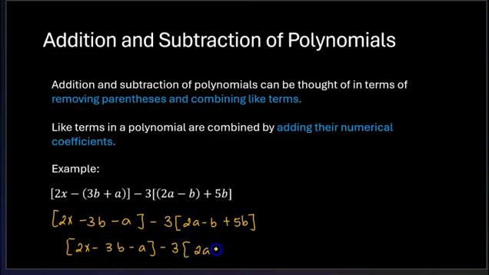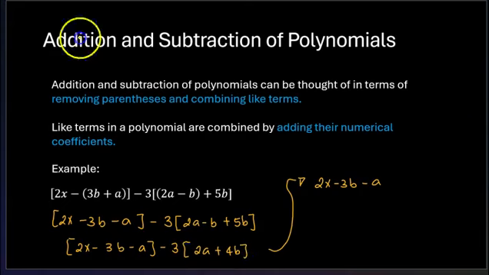What are the like terms here? Negative b and positive 5b. So that's positive 4b. For the next step, I'm going to remove the parenthesis here. So that's 2x minus 3b minus a. And I'm going to also remove this bracket here.